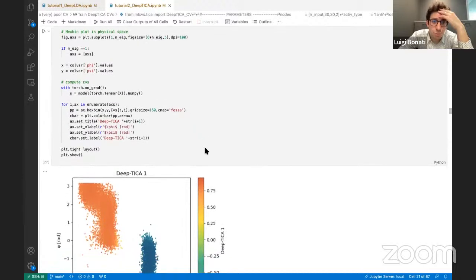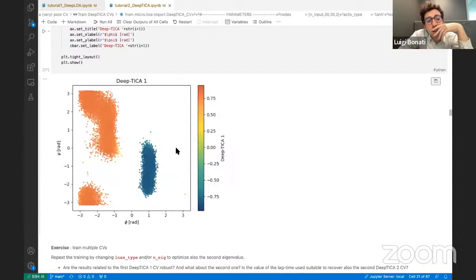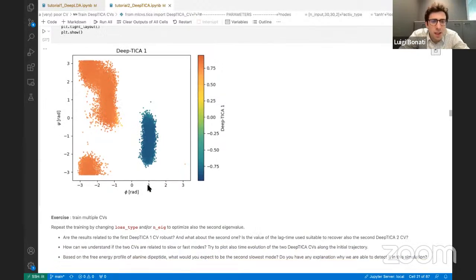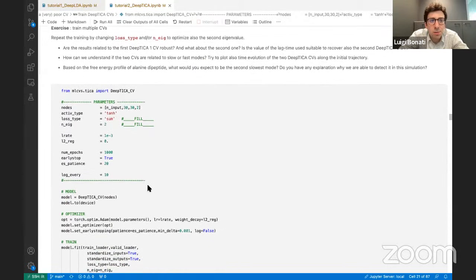And as before, we can have a look at the Ramachandran plot. Here the color is again the deep TICA CV. This already tells us that this CV is acting as a sort of classifier, because it has a quite constant value in one basin, and another value of opposite sign in the other one. We will go back to this in a while in the case of multiple CVs.